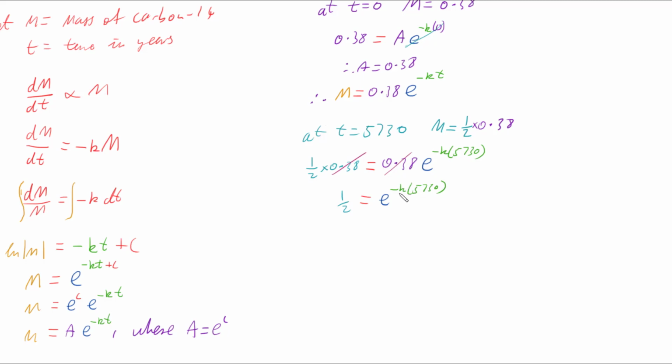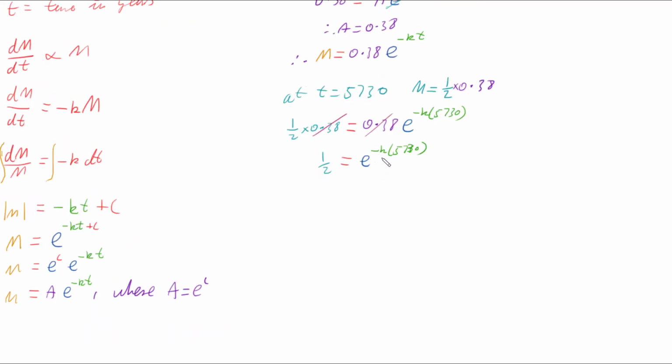And we want to solve for k so that we know what our constant k is for this particular decay. So we're going to take the natural log of both sides, so that way we can cancel out that e. So we take the natural log of the half, and that's going to be equal to negative k times 5,730.